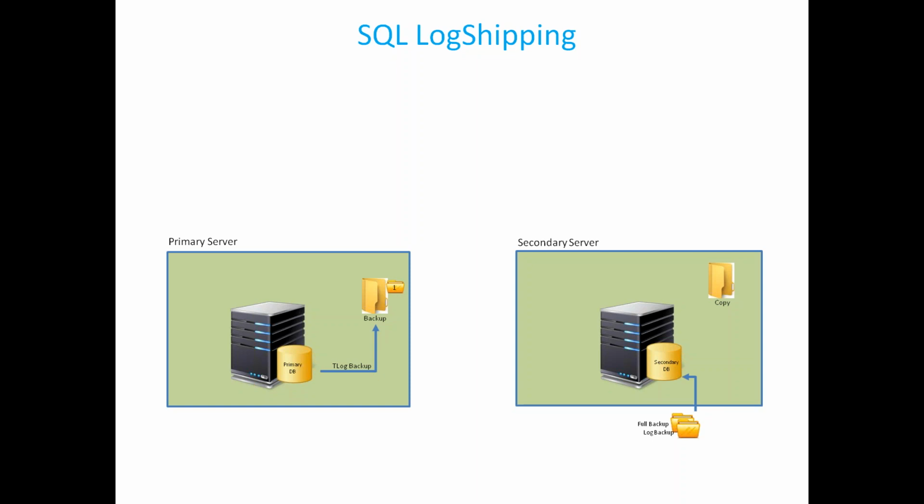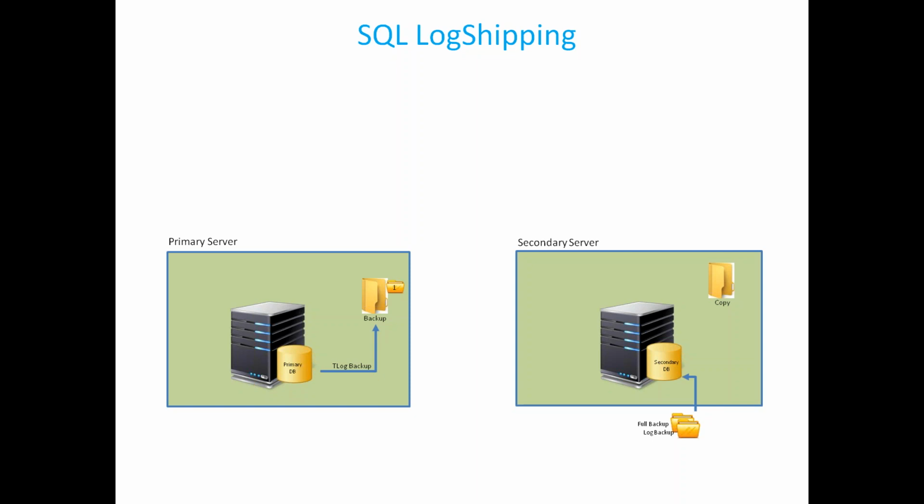So once we set up log shipping, 3 SQL Agent jobs will be created. You don't need to create any SQL Agent jobs manually. SQL itself will create them. So once you configure log shipping, at the backend, 3 SQL jobs will be created.